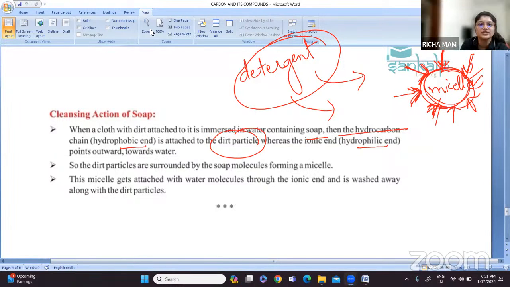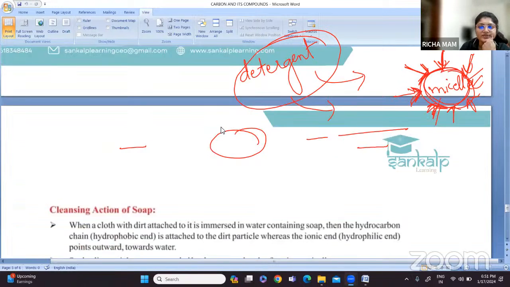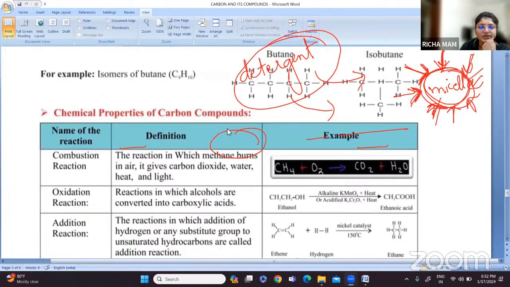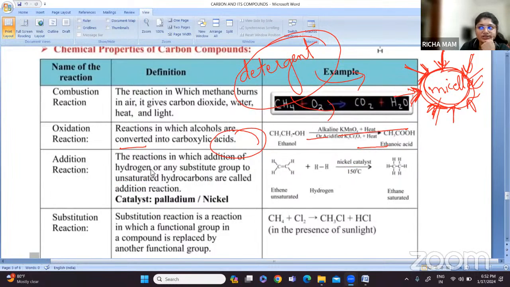So these were some of the important concepts which we have studied in this chapter, that is carbon and its compounds. What all things have we seen? The cleansing action of soap is very important. Then the chemical reactions: substitution reaction, and you need to remember the examples also. Substitution reaction, addition reaction, oxidation reaction.